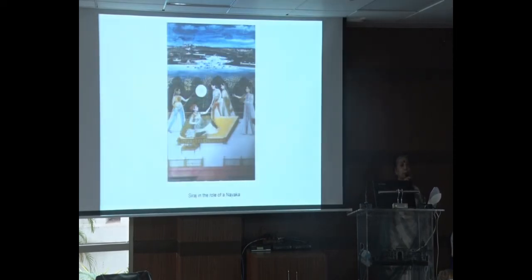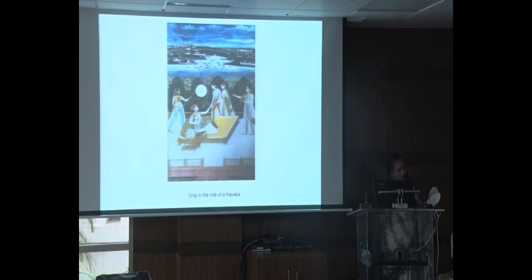Next. This is Sirajudullah. Again, this painting is in the Indian Museum, and it's supposed to be a scene of a Naika. It was interesting that we found later on that the portraits of Siraj showed that the face of Siraj was placed on this Nayak.